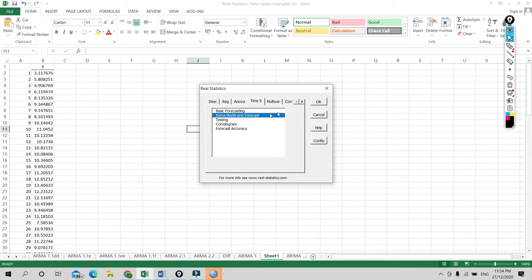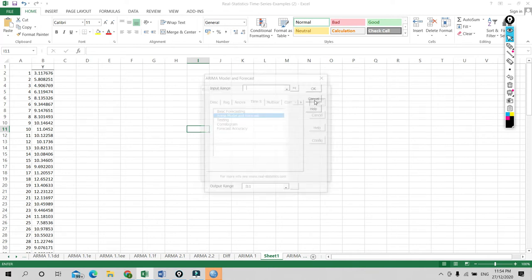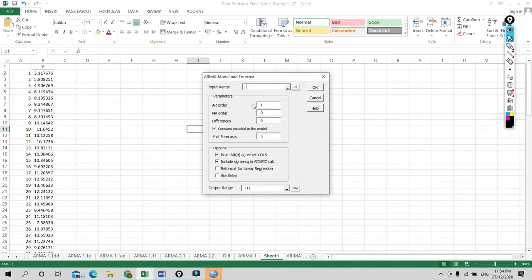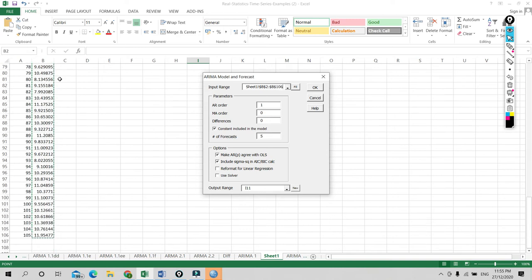So you click here, then you click OK. Then they will ask you the input range. The input range means your data. So I just highlight this data. This is my Y data.